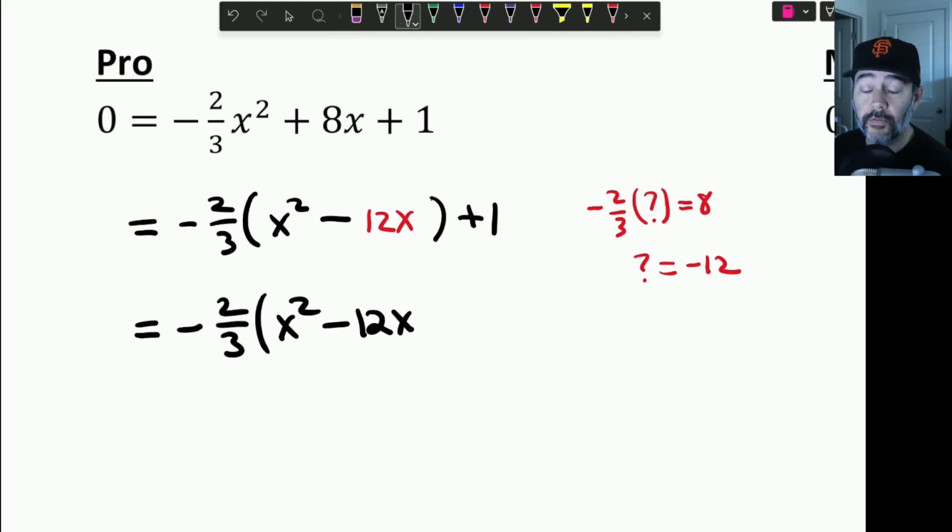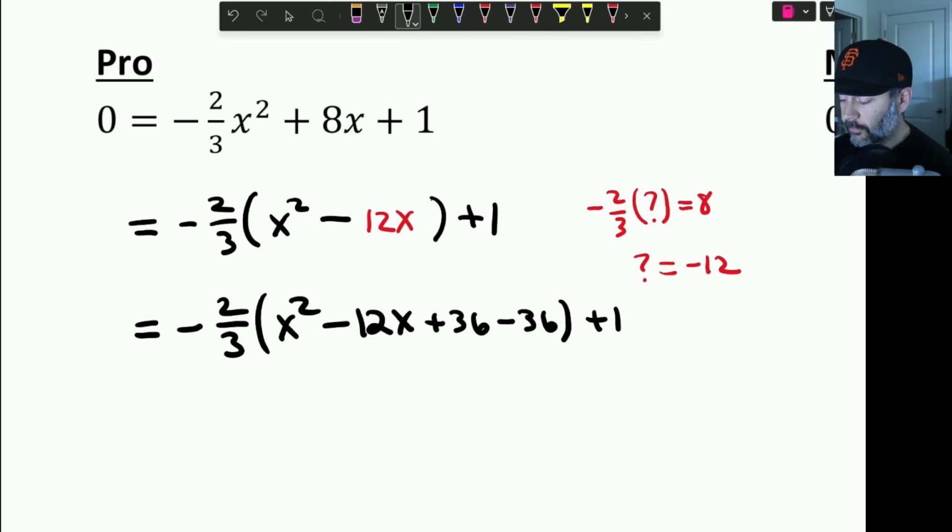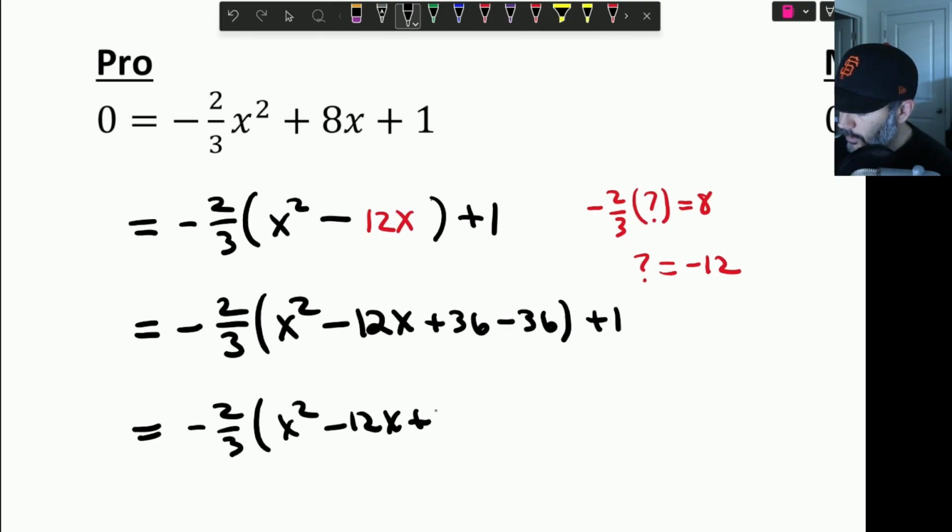So 12 divided by 2 is 6. 6 squared is 36. But we need to subtract 36 as well on the inside. We now need to distribute the negative 2/3 to the 36. And we get negative 2/3. And I'm going to keep the x squared minus 12x plus 36 on the inside.